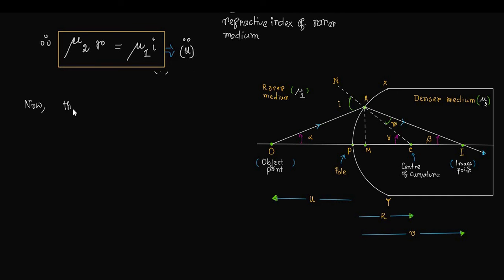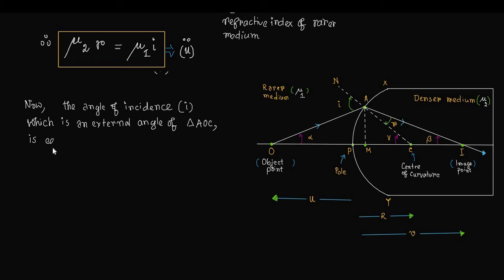Now the angle of incidence I is an external angle of the triangle AOC, and it is equal to the sum of the opposite internal angles, that is angle alpha and gamma of the triangle AOC.